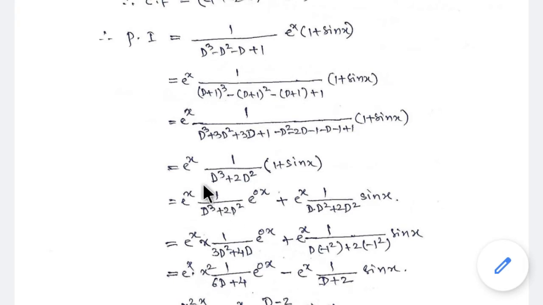Plus again e raised to x into another part: 1 divided by D cubed plus 2D squared operating on sin x. This is case number 2, you can use. This is case number 1, where wherever there is D you write 0. This is the e raised to ax form, first case.